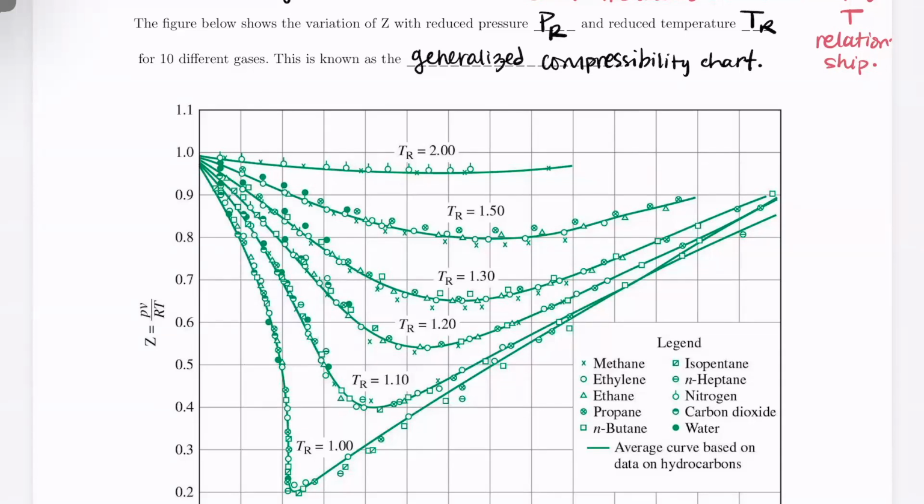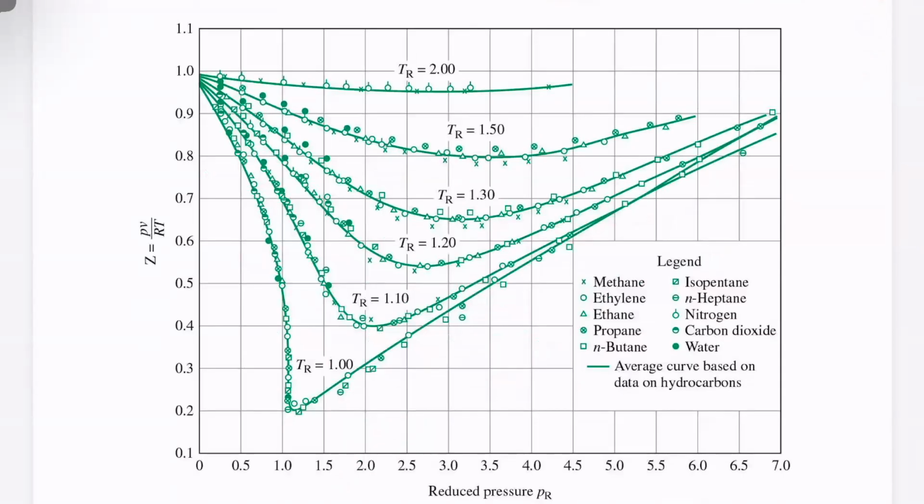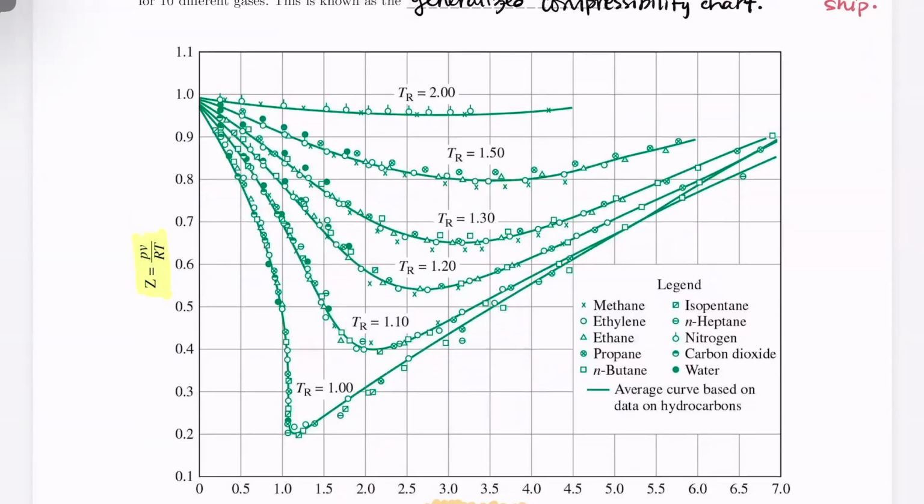We have our Z factor on the vertical axis. We have reduced pressure, PR, on the horizontal axis. And then we have curves for the different reduced temperatures as these individual curves.